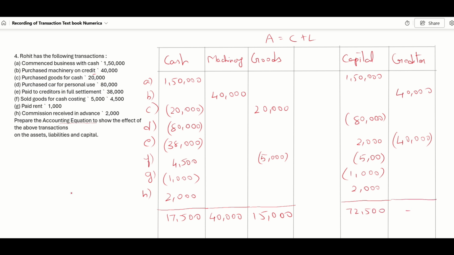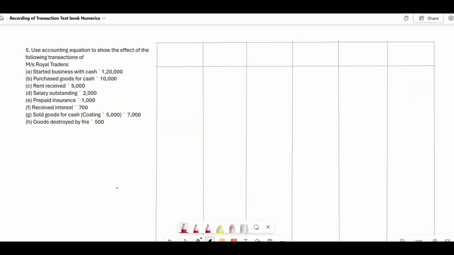So all these are assets, this is capital, and there is no liability. So this side it is 72,500, and this side also it is 72,500. Assets is equal to capital plus liability. Done.